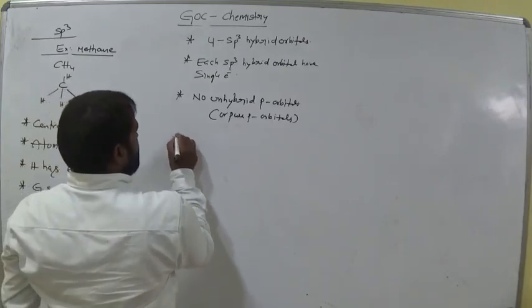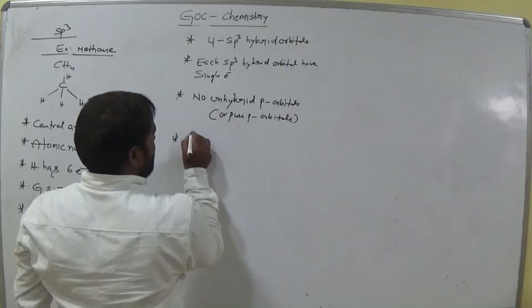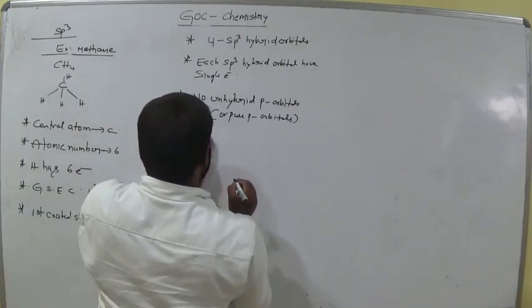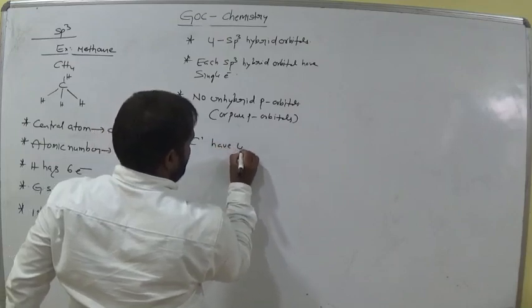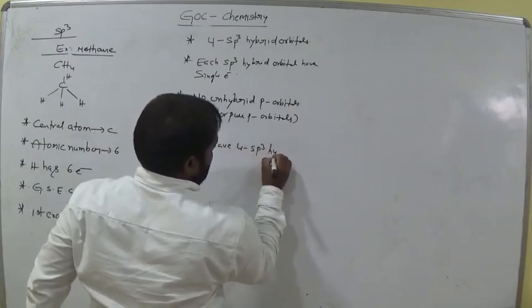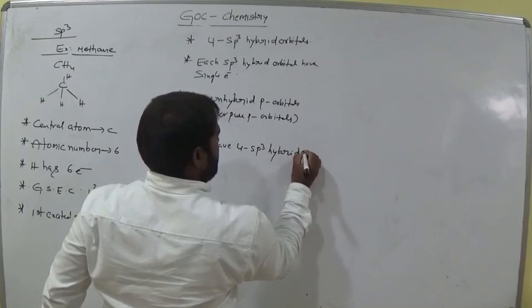Therefore carbon has 4 sp3 hybrid orbitals.